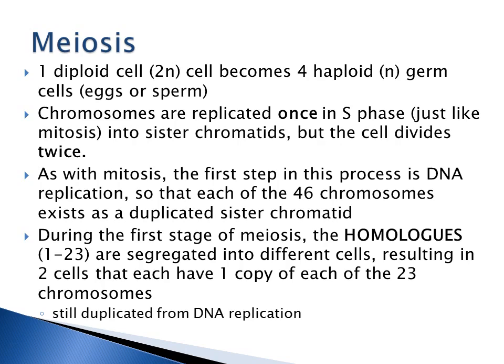So just like mitosis, the first step is DNA replication. So you have your sister chromatids that are duplicated. During the first stage of meiosis, the homologs are segregated into different cells. So you end up with 2 cells that have 1 copy of each of the 23 chromosomes.